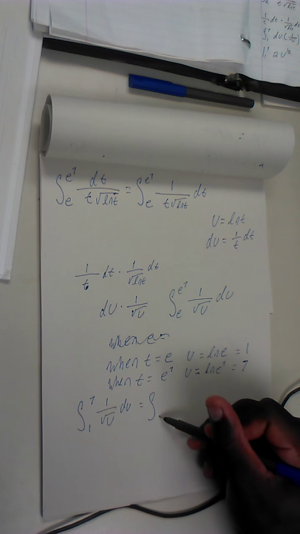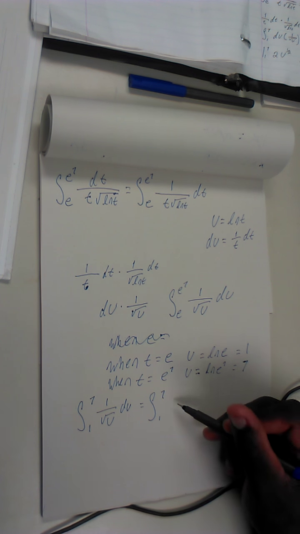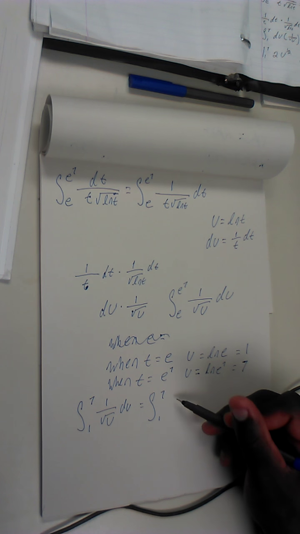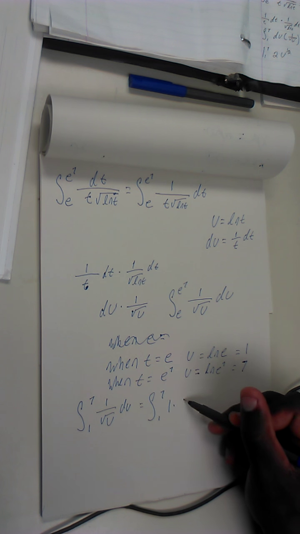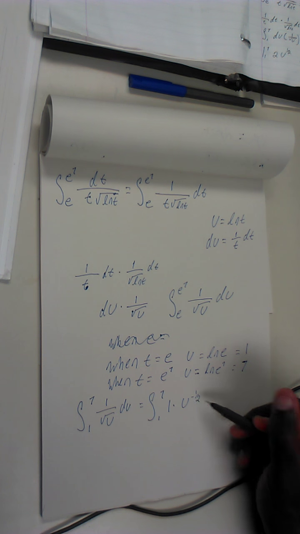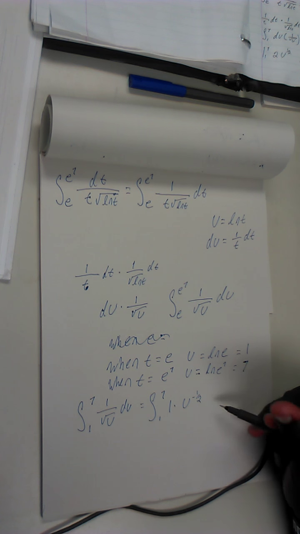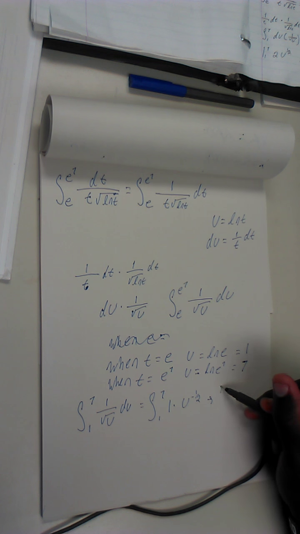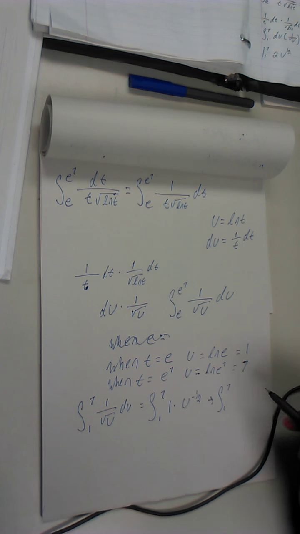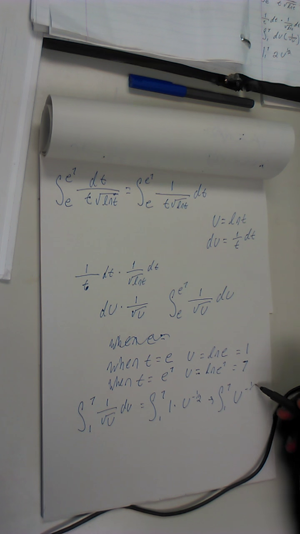Let's go ahead and break down this radical over 1 du. So this is going to be the same as 1 times u to the negative 1/2. Remember, when we flip the fraction, you have to change the sign. And so that further breaks down into u to the negative 1/2, right?